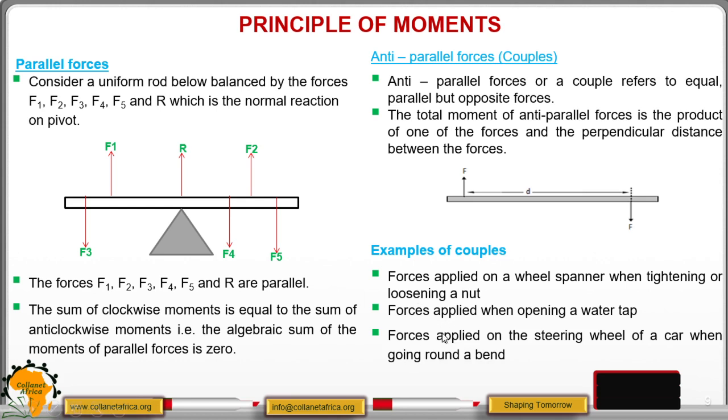Then also we have forces applied on the steering wheel of a car when going around a bend. So you apply also two forces which must be equal in magnitude, equal in size, but they are facing different directions.